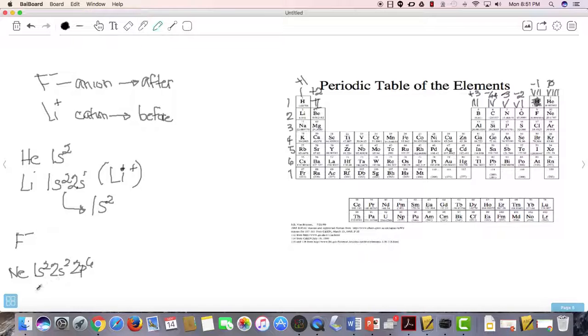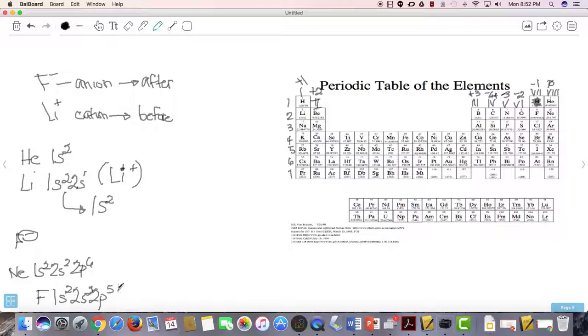So first, I'm going to write the electron configuration for fluorine. Fluorine atom has an electron configuration of 1s2, 2s2, and 2p5. In order for fluorine to look like neon, it has to go from a p5 to a p6. And remember, fluorine has a charge of -1, so that -1 means it gains 1 electron.